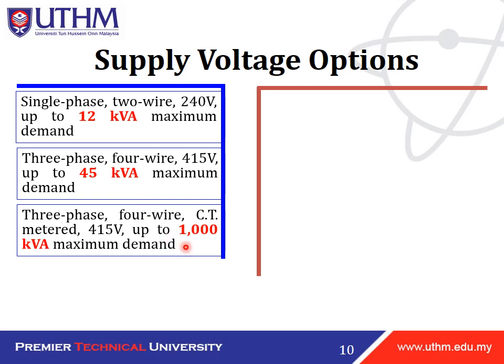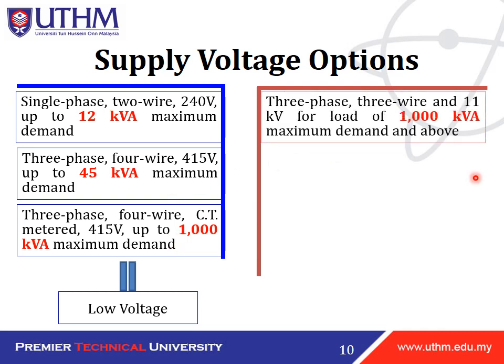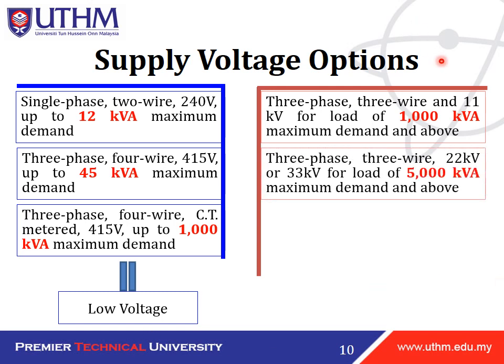And then 3-phase 4-wire city metered 415 volt up to 1000 kVA maximum demand. This is the characteristic of low voltage supply.